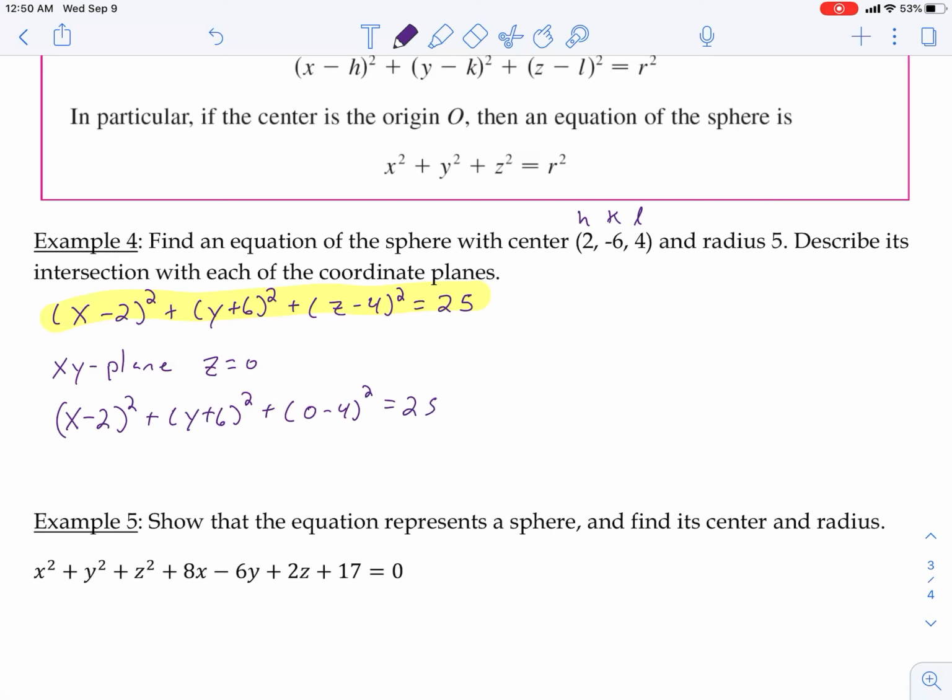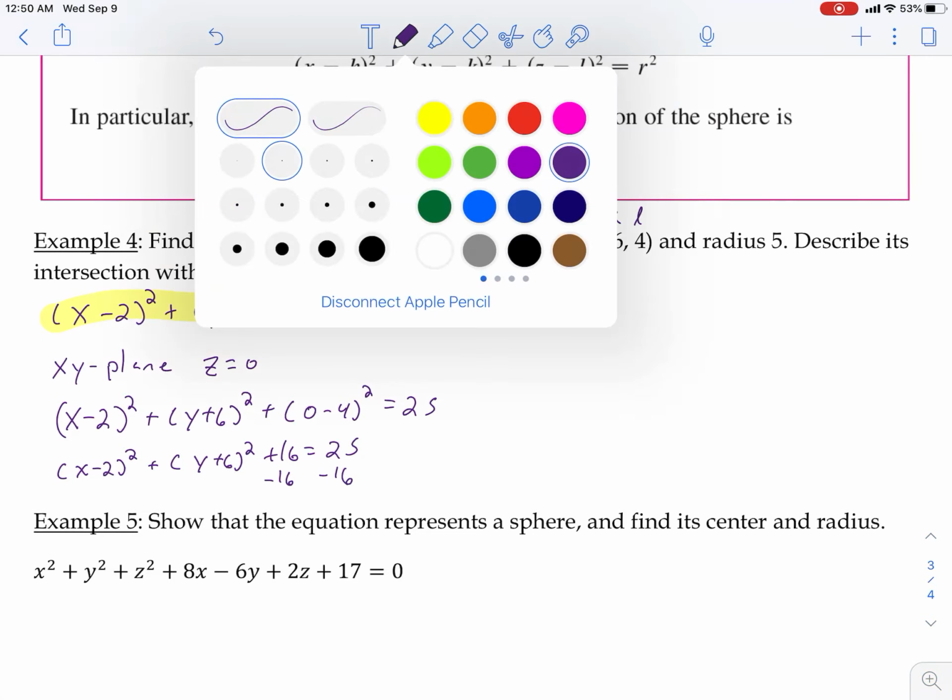And then we're going to do some math. We'll get x minus 2 squared plus y plus 6 squared, and negative 4 squared gives us 16. Since this gives us a positive 16, in order to find our circle, we're going to subtract 16 from both sides.